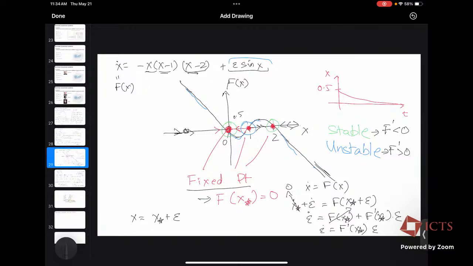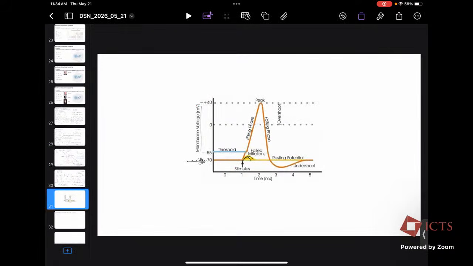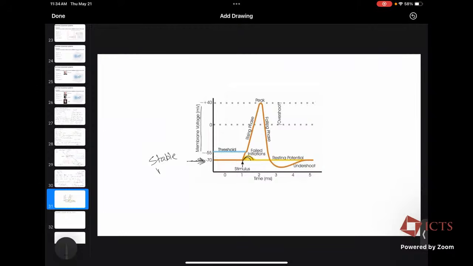So in that language, one would expect to construct a dynamical systems model where the resting potential is a stable fixed point. That's what we would expect, because any small perturbation should come back.